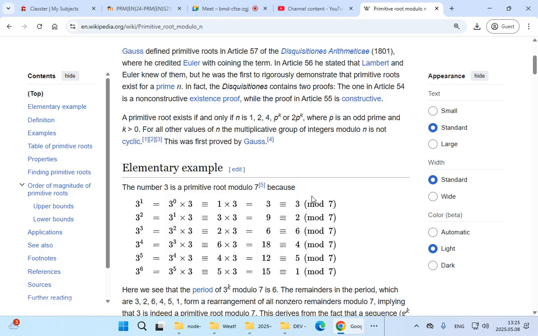It is just 3, because the remainder is 3. 3 squared gives 2. 3 cubed gives 6. 3 to the power of 4 gives 4, then 5, and then 1, and you see these are all the remainders.